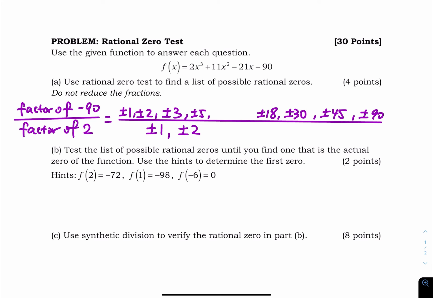How about 6? 6 and 15. Are we done? No. 9 and 10. So also 9 and 10. So that is all the possible factors.